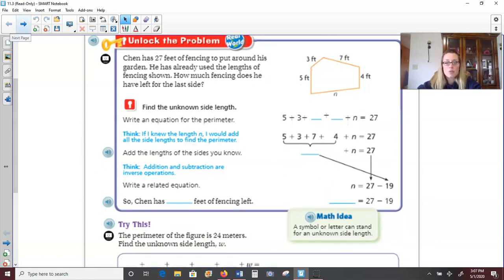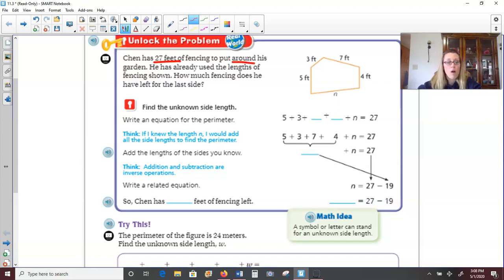Chen has 27 feet of fencing to put around his garden. He has already used the lengths of fencing shown. How much fencing does he have left for the last side? So let's pay attention to what we know in this problem. What we know is the total perimeter, which is the fact that he has 27 feet of fencing to put around his garden.